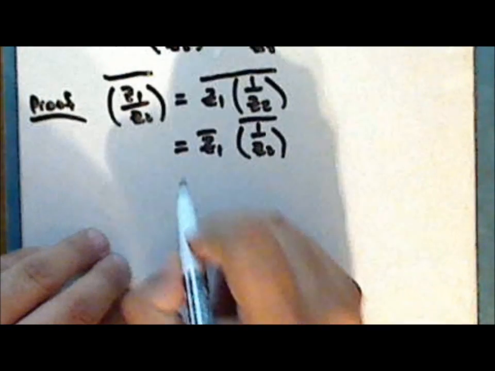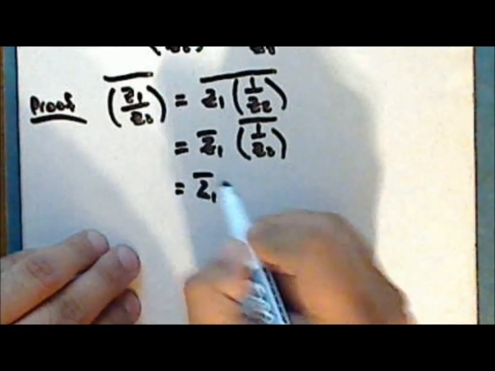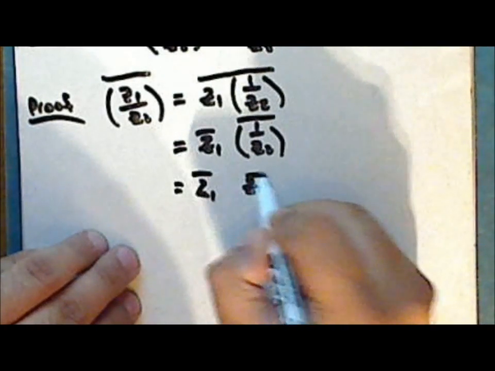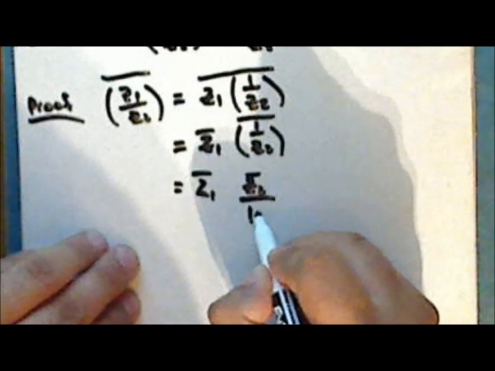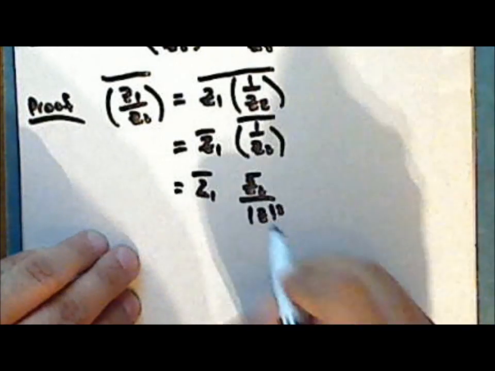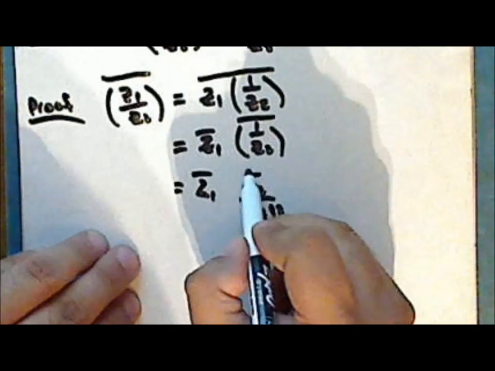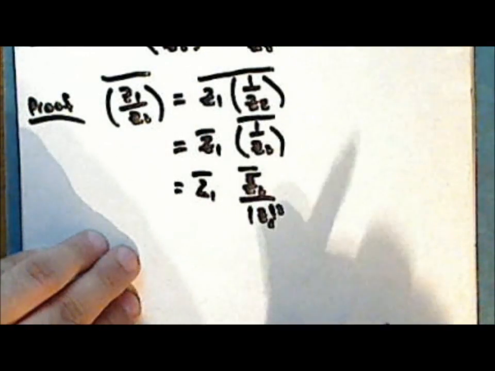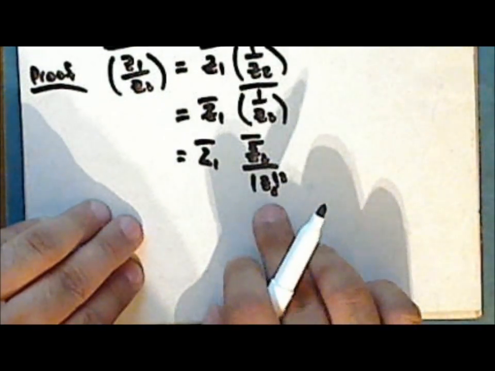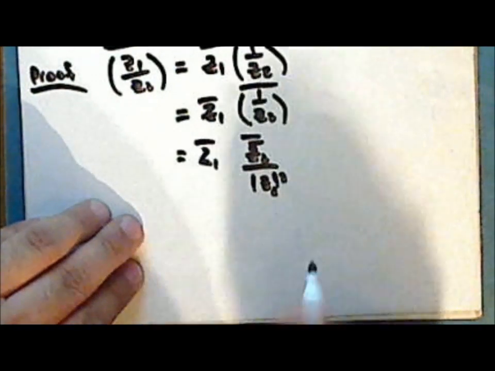Now, the reciprocal of z sub 2 is the same as the conjugate of z sub 2 over the square of the modulus of z sub 2. And so we have the conjugate of z sub 2 over the square of the modulus of z sub 2.